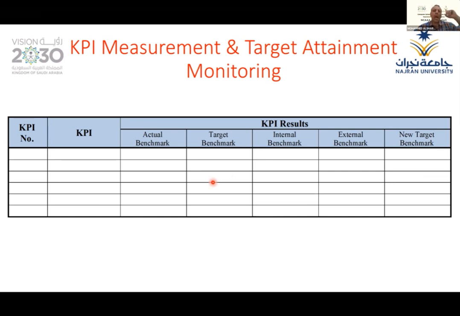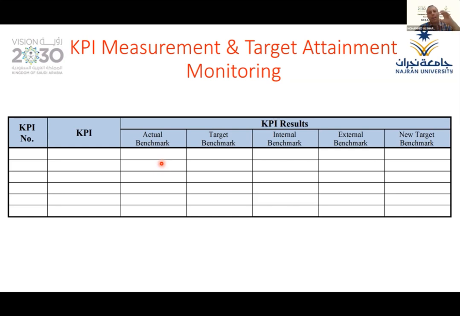So we suppose we are improving. The new target could be 1 to 5 or 1 to 4, or for some specific KPIs, at least we'd like to keep this 1 to 3. But it cannot be less than the actual mark that we got.